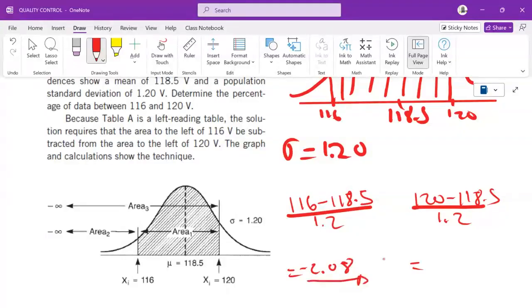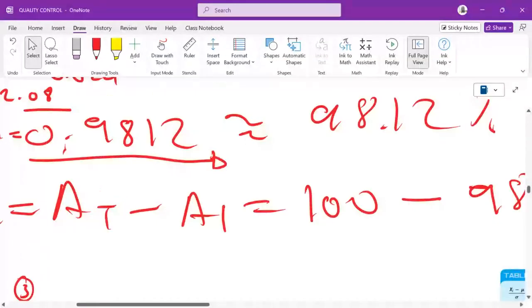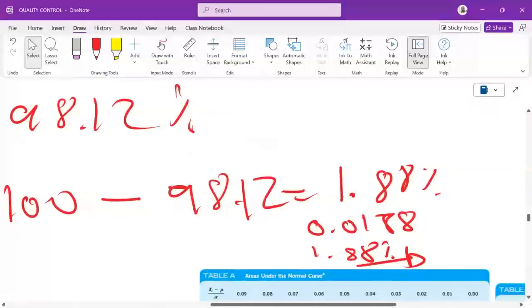Then this one, 120, the answer is 1.25. I want to enlighten you. We have already covered this one. Its area is simple. You go back here. When you look at it from the negative point of view, we were finding it as 1.88%.